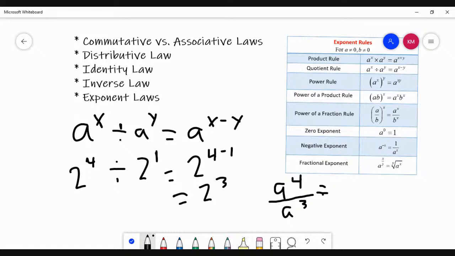So whenever you have a fraction, all you're dealing with is division. So if you have two of the same bases with different exponents in fraction form, you are still doing a to the fourth divided by a to the third, which gives me a to the fourth minus 3, and that leaves me with a to the first.